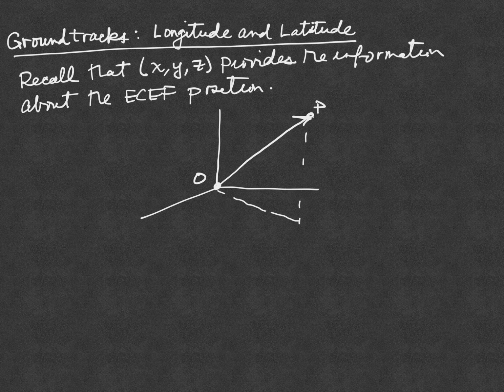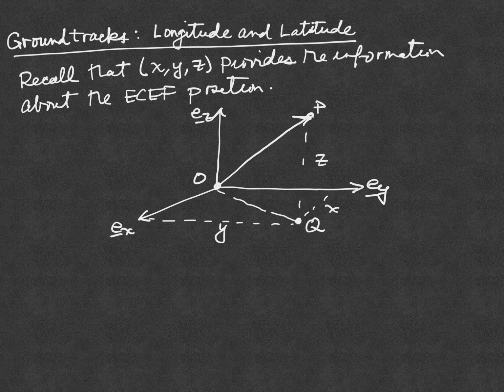They are X, Y, and Z. If we look at these quantities, we can project the point P into the XY plane, and we can call that point Q. Now, this direction is EX, this direction is EY, and this direction is EZ. The angle between EX and this direction OQ, I'm going to call theta. That's what's called the Earth relative longitude. The angle between OQ and OP is phi. That's what's called the geocentric latitude.